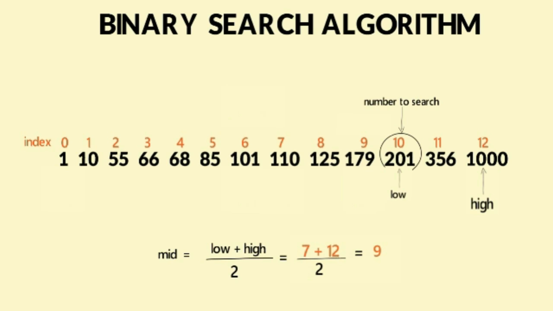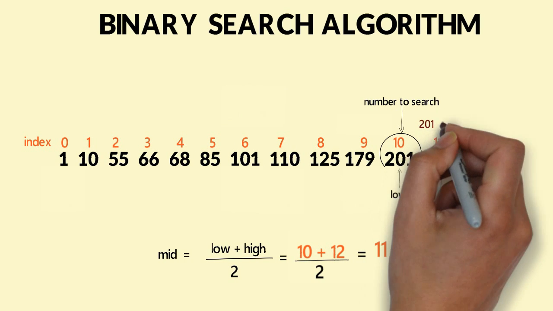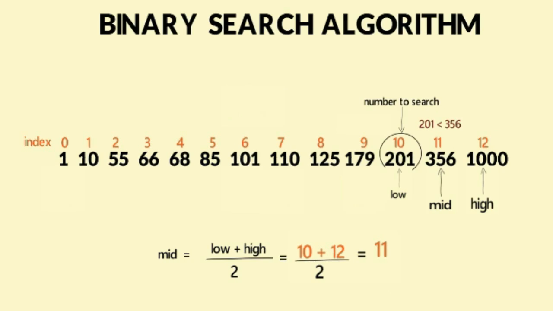We find its average, which is the mid position, and mid comes out to be 11. Now we again compare the number at the mid position, that is 356, with 201, and we find out that 201 is less than 356 this time. So that means all the elements at index 11 and higher are of no use to us because they are all greater than 201.